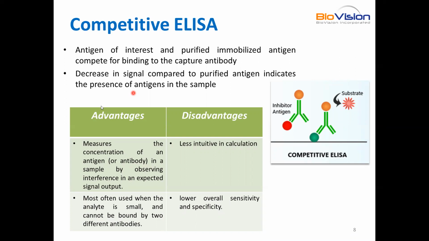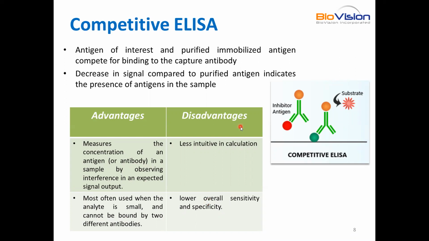Some of the advantages of this ELISA format are: it measures the concentration of an antigen or antibody in a sample by observing interference in an expected signal output. And most often this kind of competitive ELISA is used when the analyte is small and cannot be bound by two different antibodies as it can be done in the capture or sandwich ELISA.